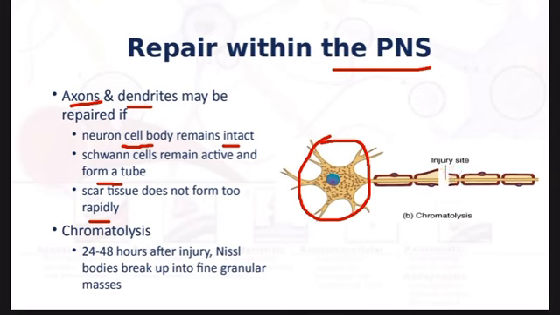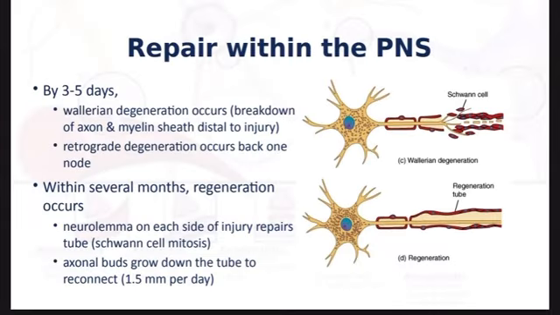It will actually, after زي ما قلنا 24 to 48 hours after the injury, Nissl bodies break up into fine granular mass, وتتذكرونها كانت هنا النيزل, اوكي, واللي هي هنا ها. We will see it now in a picture which is clearer.